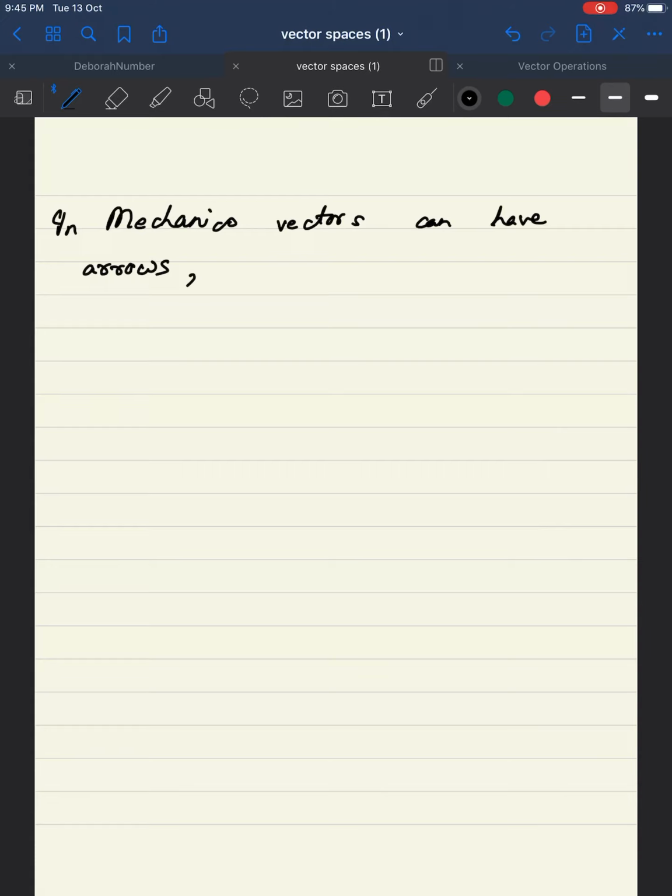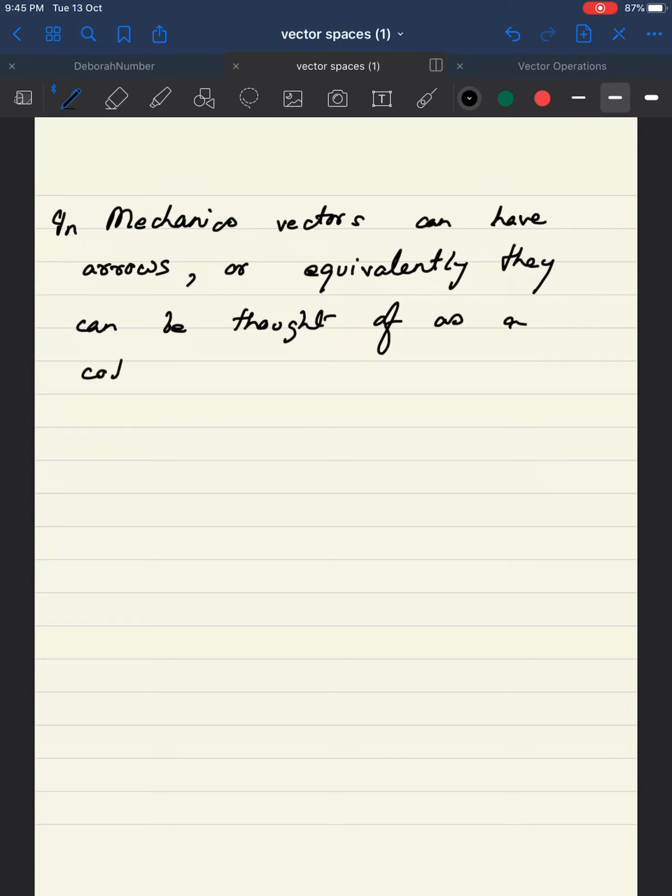But if you want to talk about it in a more mathematical sense, then what it basically means is that vectors can be thought of as a set of numbers in a column, right? Or equivalently, they can be thought of as a collection of numbers.